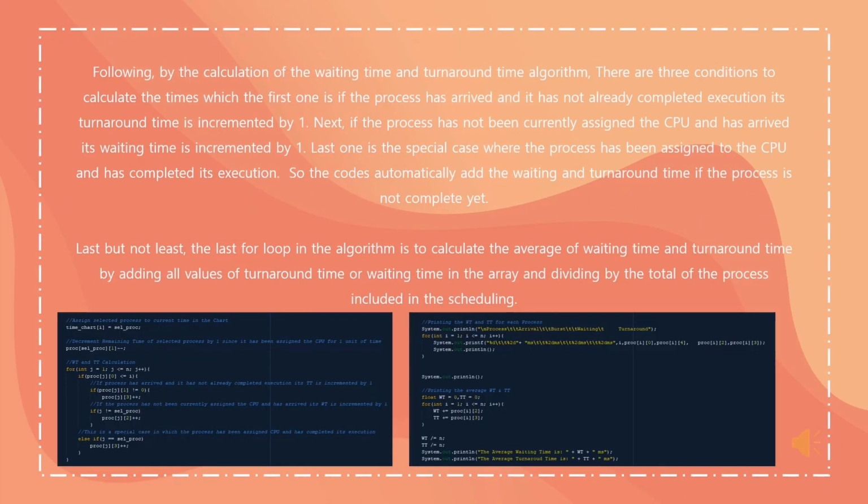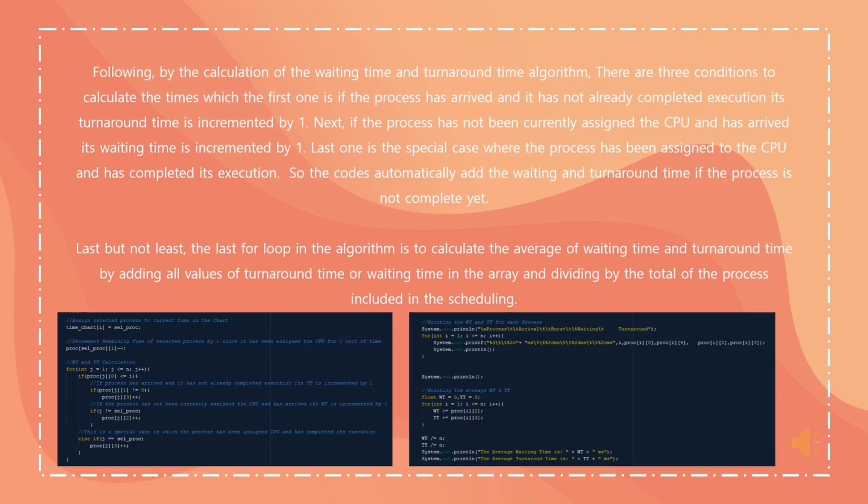Following this is the calculation of waiting time and turnaround time in the algorithm. There are 3 conditions to calculate the times. The first one: if the process has arrived and has not already completed execution, the turnaround time is incremented by 1.